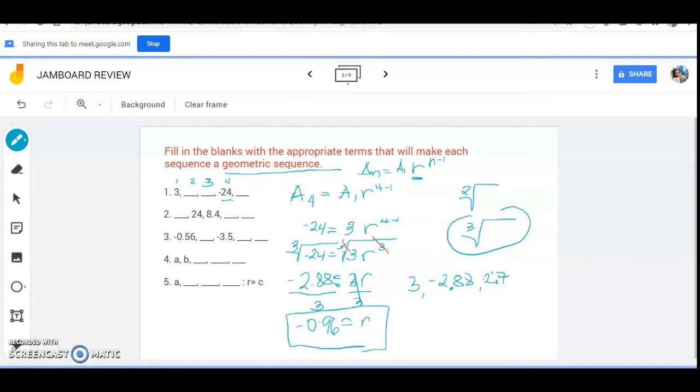Okay. Positive 2.76 times a negative number ulit. Negative. Bakit ganun?